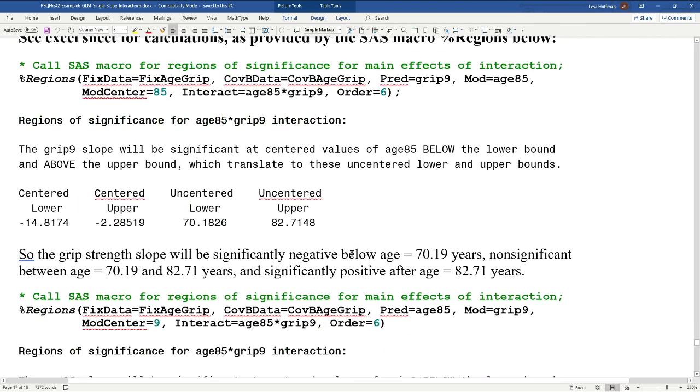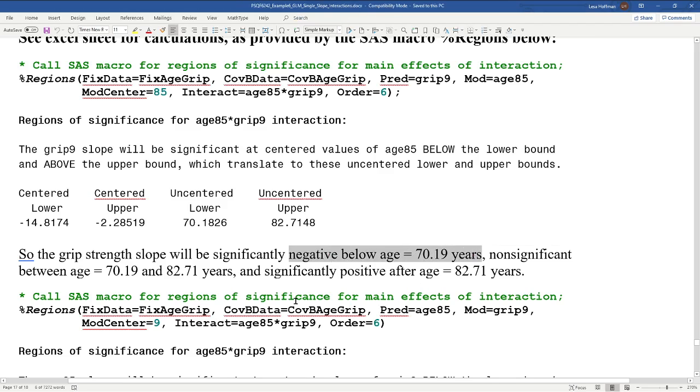So the grip strength slope is significantly negative below age 70, non-significant between 70 and 82, and significantly positive after age 82. And so in considering what to do with this information, you'd want to know, okay, well, where are my people? In this particular sample, there is no one below 70 years.